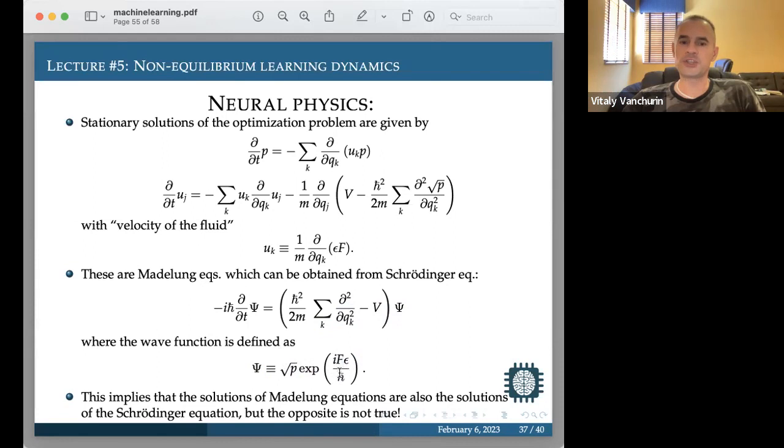Since it appears in the exponent, if I add to this F epsilon over h bar 2 pi, this psi would not change, right? So somehow adding a finite shift to the free energy doesn't do anything to your system. And so the system is equally likely to be in the plus 2 pi state or minus 2 pi or minus 4 pi state.